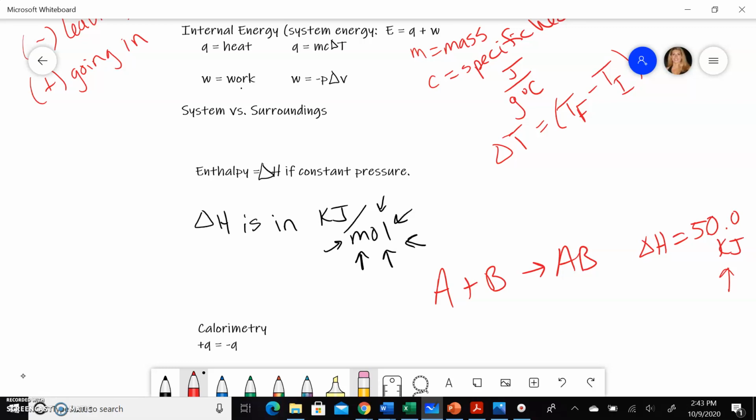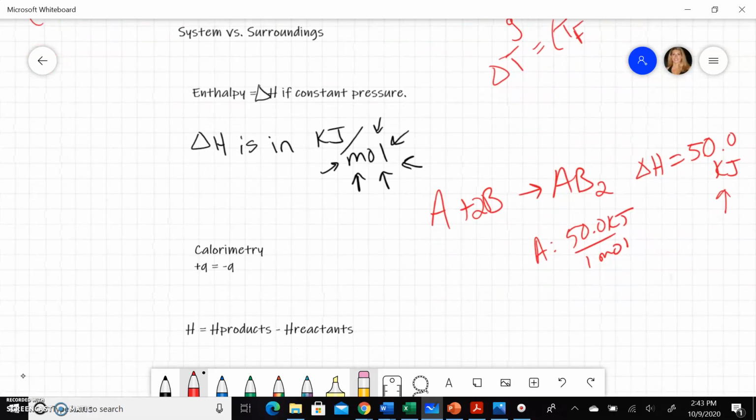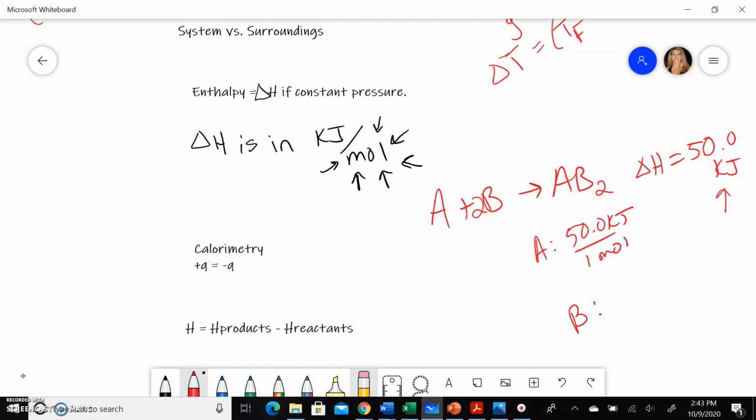It's actually kilojoules per however many moles you have in the reaction. So it's a ratio. So for example, for A, it would be 50 kilojoules per 1 mole because there's a 1 in front of A. But for B, this is actually 50 kilojoules per 2 moles of B, because of that 2 right there.